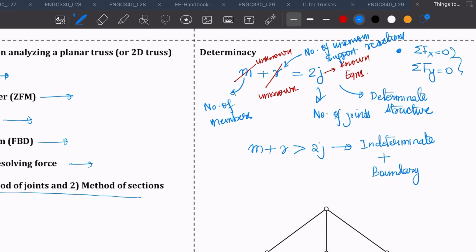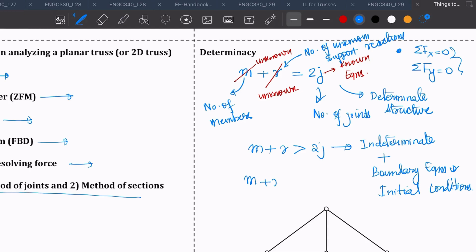So you'll need to add additional equations or initial conditions. You need to know either the boundary condition or initial condition to solve all the unknown forces in an indeterminate structure. So if it is equal, then the equilibrium equation will be enough to solve all the unknown forces. And if it is greater, then it will be an indeterminate structure.